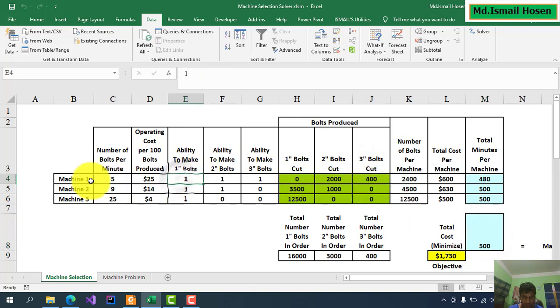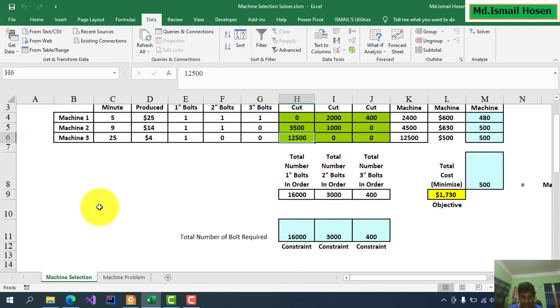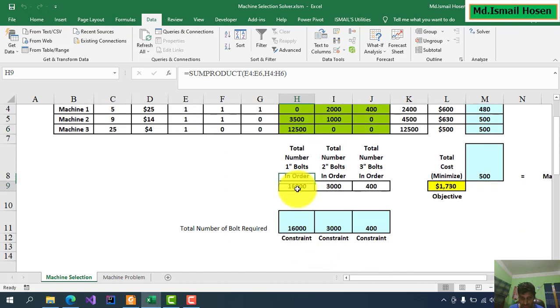We need to run machine 1 for 480 minutes. The second machine will run 500 minutes, the third machine will run 500 minutes, and the pattern will be like this: machine 1 produces 200 2-inch bolts and 400 3-inch bolts, and machine 2 produces 3,500 1-inch bolts, and machine 3 produces the rest. So in total it will match this number, this one, and this one.